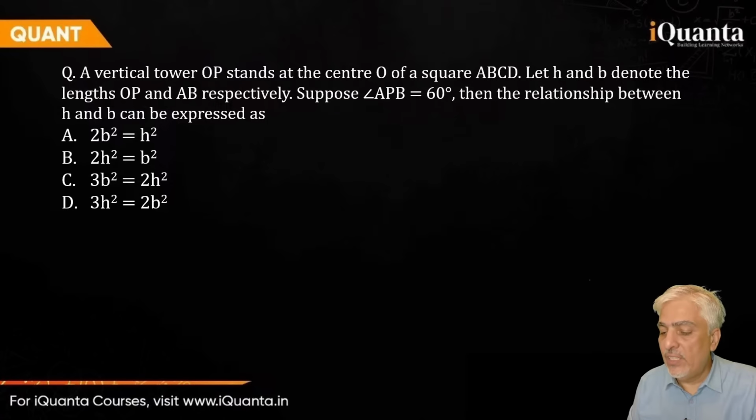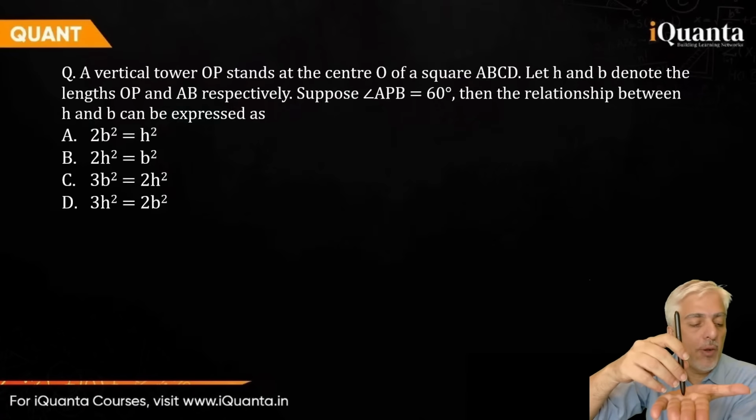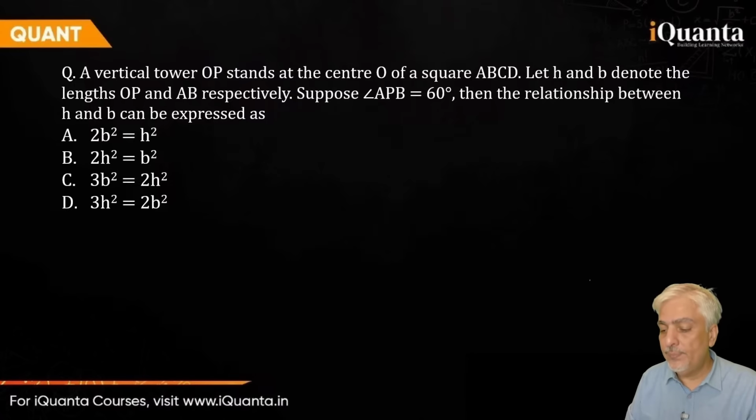A vertical tower OP stands at the center of a square ABCD. So this is a three-dimensional figure. You have to think very carefully. You have to assume your square is like this. And on the top of that, there's a vertical tower OP. Let H and B denote the length OP and AB respectively.